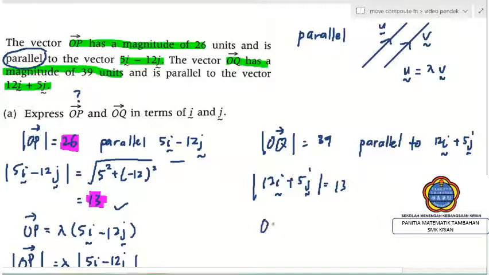And for vector OQ, the magnitude is equal to 39, and 39 is also equal to 3 multiply 13, and also equal to 3 multiply the magnitude of this 12i plus 5j.